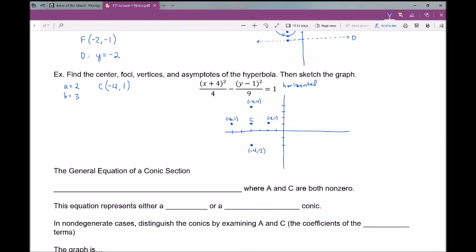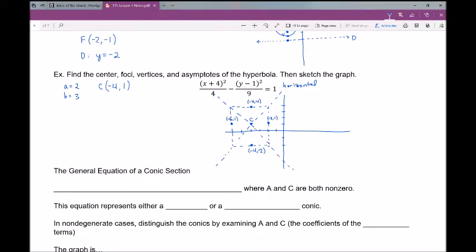Okay, so let's go ahead and draw in that dotted box. That's going to help us get our asymptotes. Okay, so there's our box, and so now we can get our asymptotes. And remember, that's just connecting the corners of the box through the center of the hyperbola. So our first asymptote might look like that, and the second asymptote looks something like this.